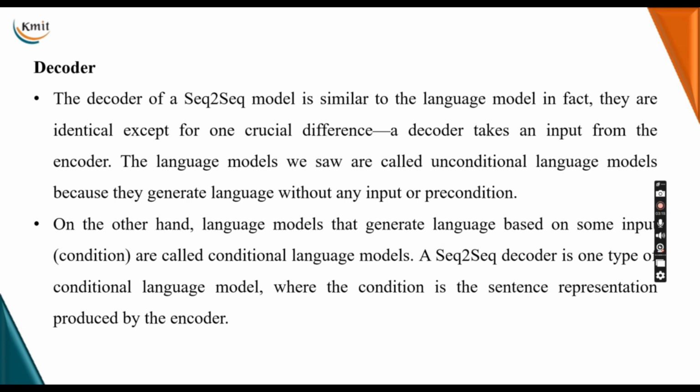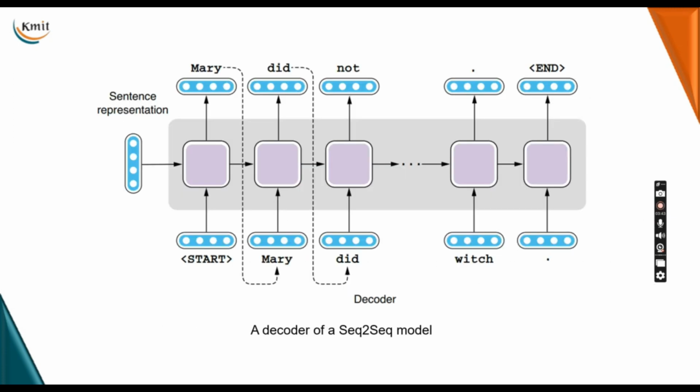Without any input or precondition, we developed the language models which we have seen earlier, so we call them unconditional language models. Whereas for the decoder model, we use an architecture similar to a language model, but the input is coming from the encoder model, so we call them conditional language models. So the sequence to sequence decoder is one type of conditional language model.